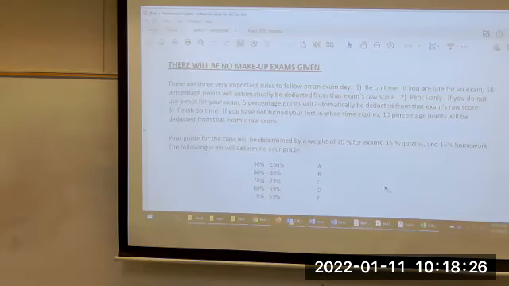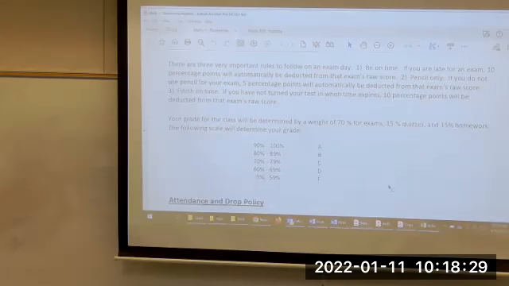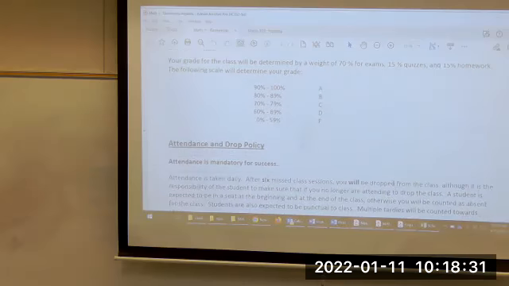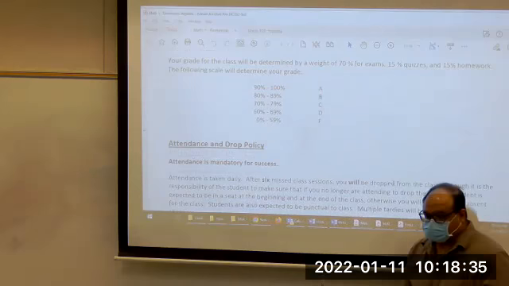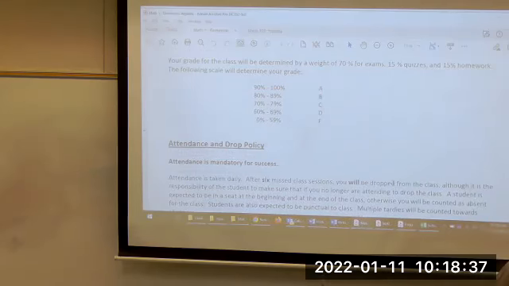Grading scale. Your overall grade is 70% for the tests. Quizzes are 15%, and homework is 15%. And then there's the scale. Yes, I round. So 89.5 will round up to an A. But if you have an 89.4, do not try to squeeze an A out.